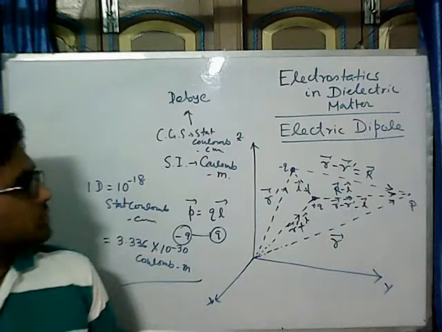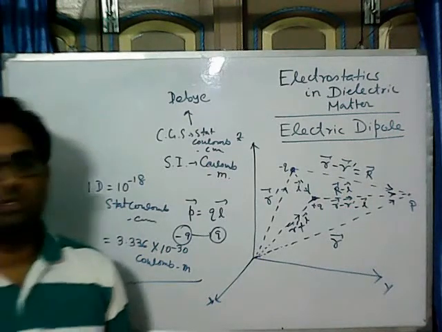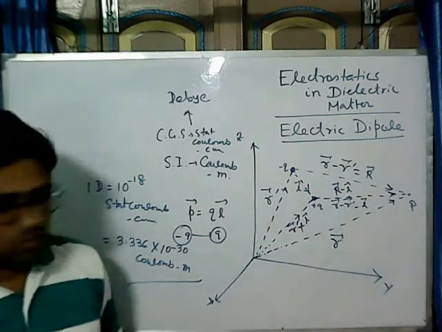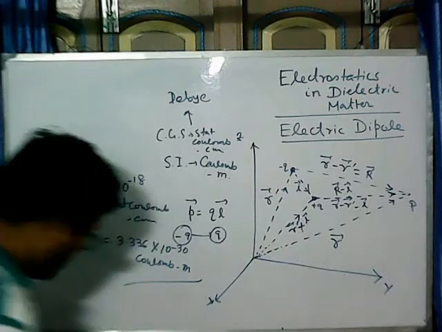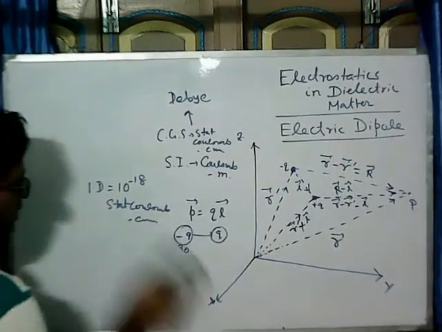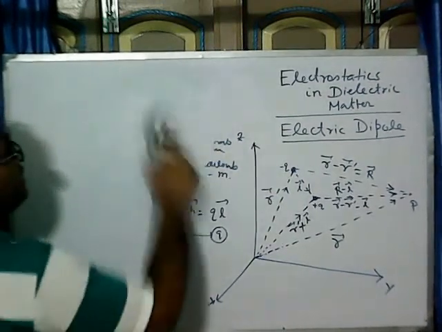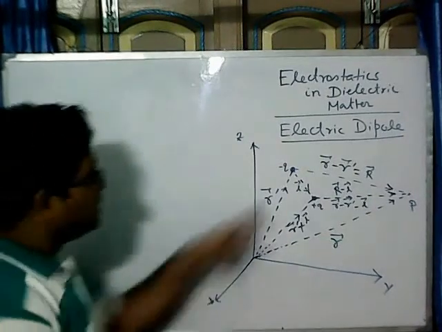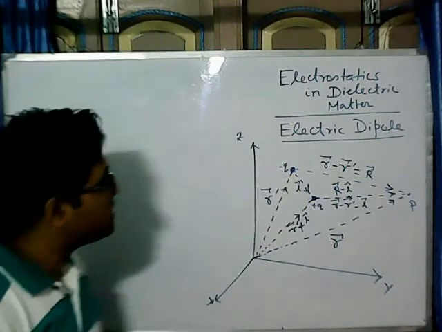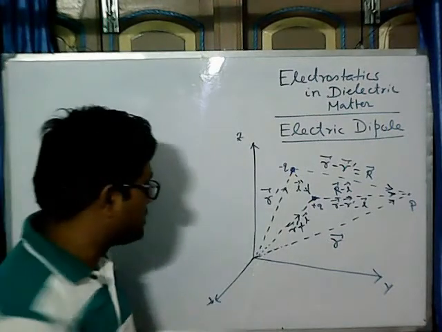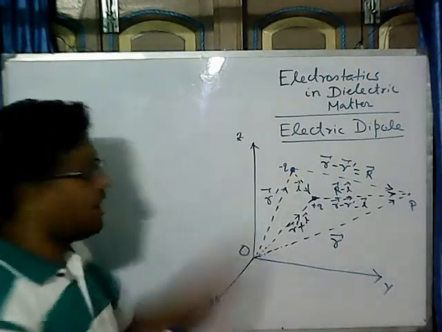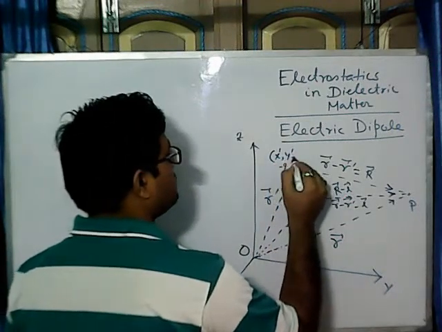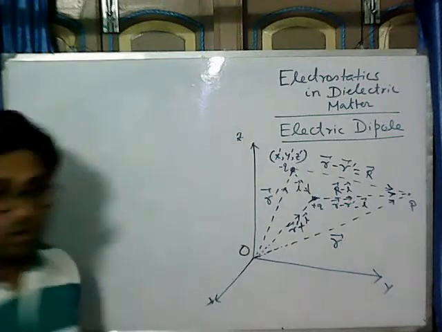Now we will find out the potential of this electric dipole at this point P. So this is a coordinate system, and here the position of the minus q charge from the center is at r prime. We can say this is x prime, y prime, z prime in Cartesian coordinates.